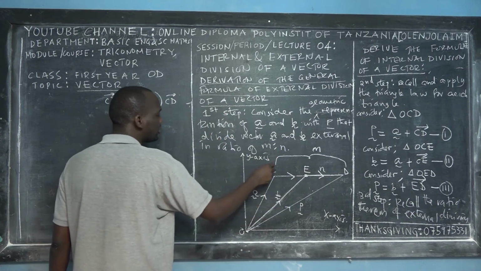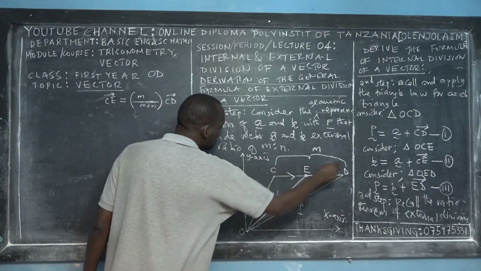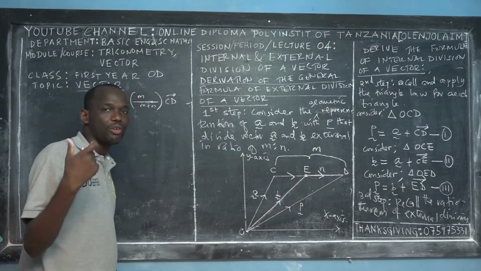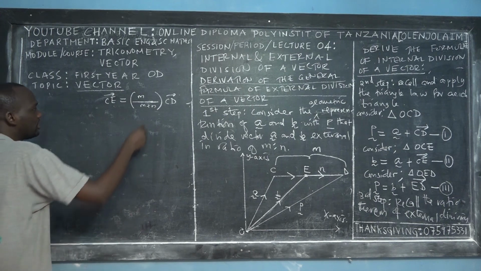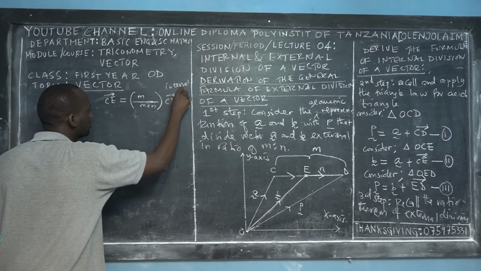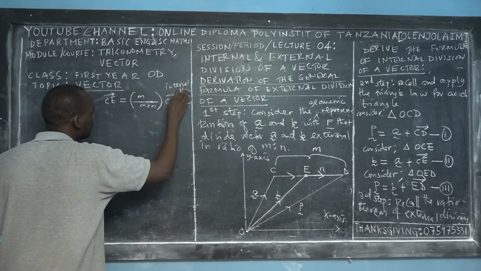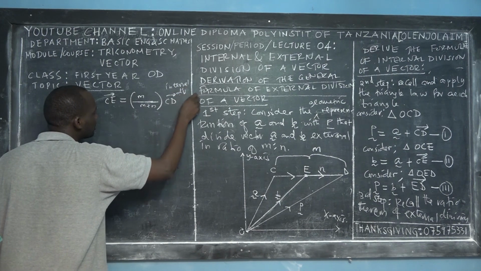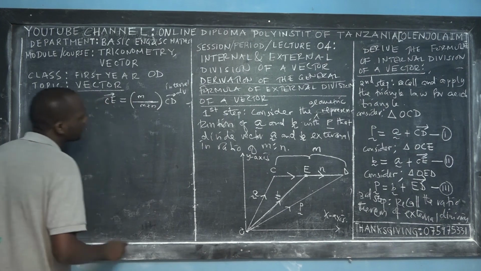For this case, it has changed. M represents CD, so it is equal to the sum of the ratios. So this is for internal division of a vector.